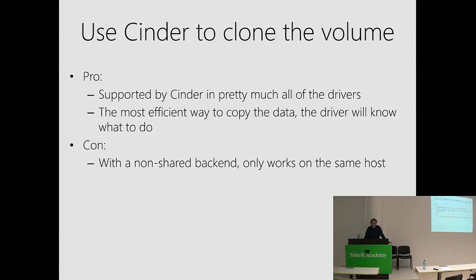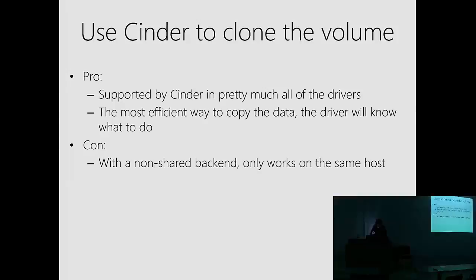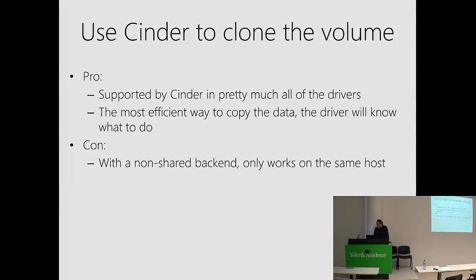So for the case where you have prepared a basic OS image and you want to create many virtual machines with their own volumes to boot from and run from, this would be the fastest option. But of course it only works with the same backend, and it only works if you really want to use the data at the same place where it is right now.